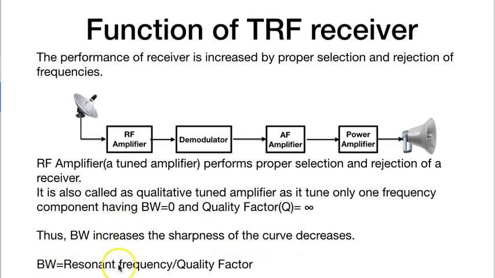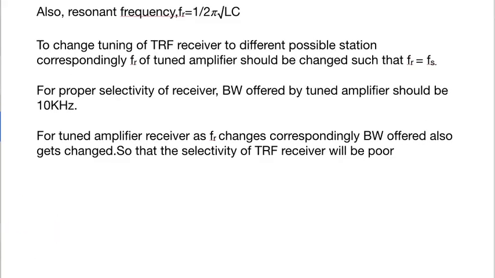The bandwidth is equal to the resonant frequency upon the quality factor. Also, the resonant frequency Fr is equal to 1 upon 2 pi root LC. To change the tuning of the TRF receiver to a different station, the resonant frequency of the tuned amplifier should be changed such that Fr is equal to Fs.